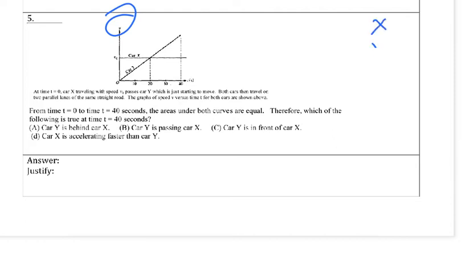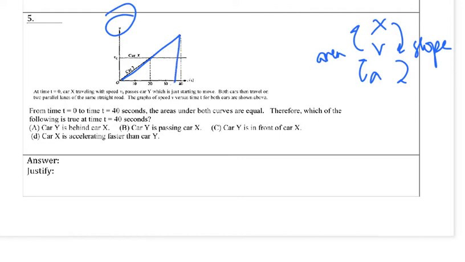Okay, I'm going to make our little chart as usual. So we have area and slope. Okay, if we know that the areas are equal, so this area, if I colored in that triangle, is equal to this area if I were to color in this rectangle. Okay, we have velocity.